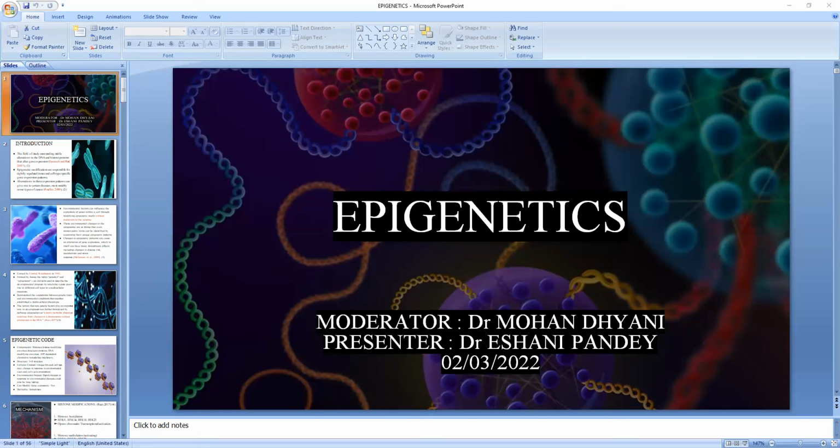Those are the factors which may include our eating habits, our stress, our environment, the drugs. But these factors somehow modify the genes at the very basic transcription levels.